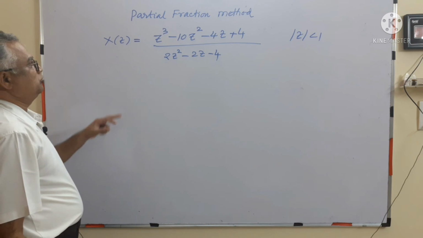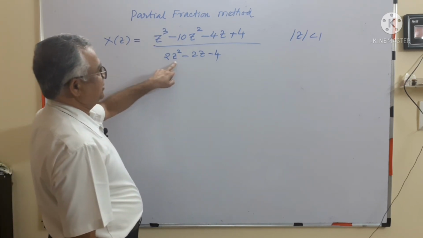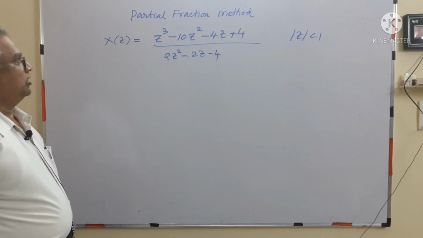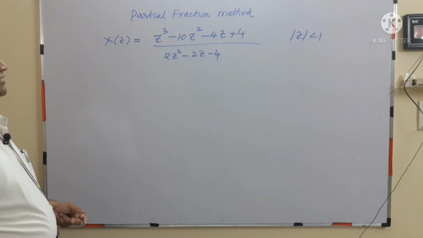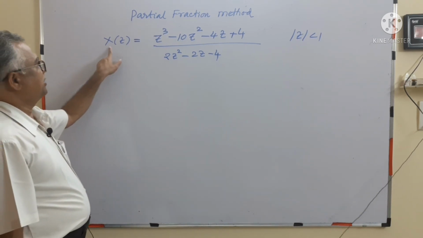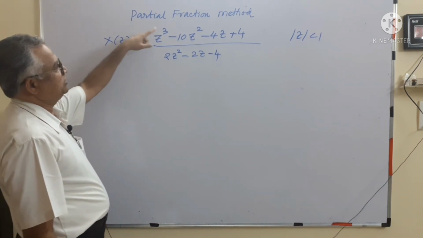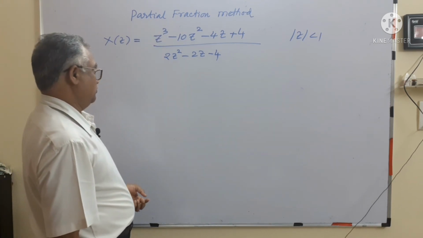Here the numerator power is already greater than the denominator. You can't use partial fractions. You can't take X(z) by z also, since the powers are still equal, so not allowed.